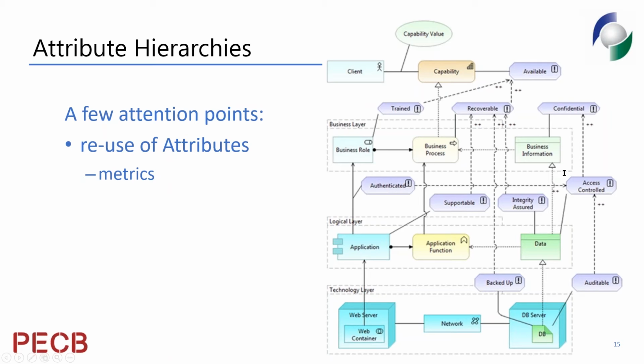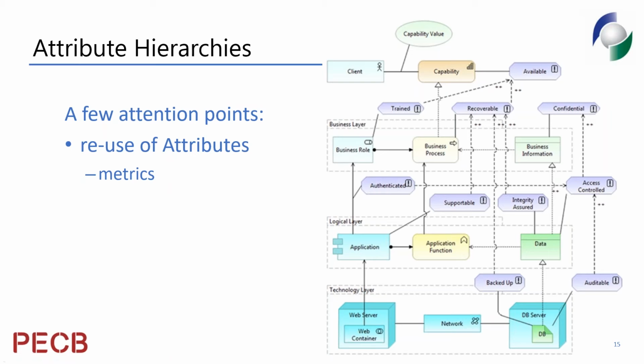For the access control, we need it to be supportable, we need it to be integrity assured, which maps down to the technological layer, which means the data needs to be backed up. So at each of these stages, that decomposition of business attributes at one layer that support goals at higher layers gives SABSA its traceability of knowing how our desired controls have been realized, and at the deeper levels knowing why a certain control is important, because you know which business level goals it's contributing to.